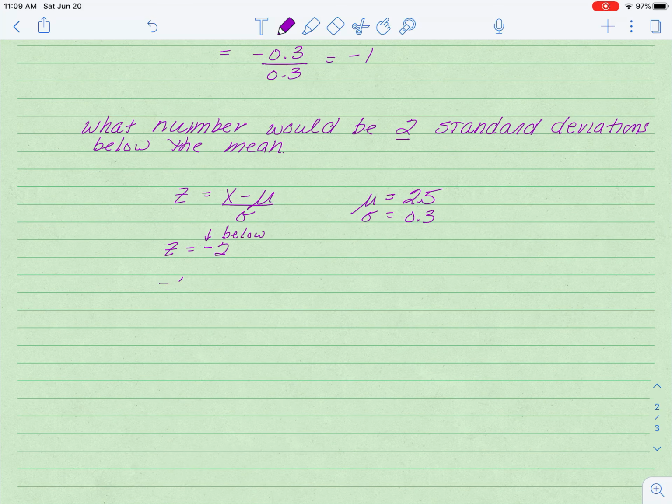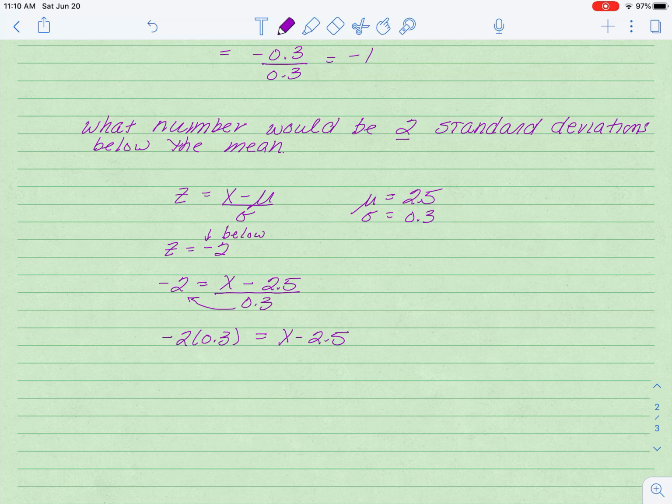So we're going to go negative 2 equals x, the thing we want to find, minus 2.5 over 0.3. I'll give you a formula for this in a minute, but this is basically what we have to solve. So the first thing we want to do is multiply up by 0.3. Negative 2 times 0.3 gives us x minus 2.5.